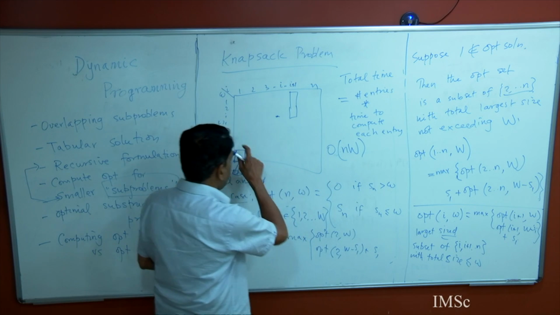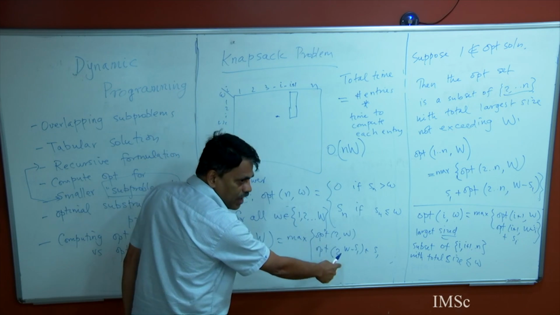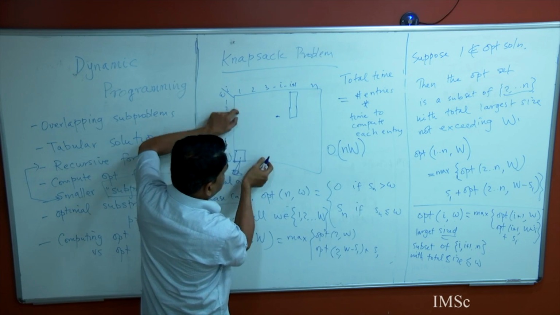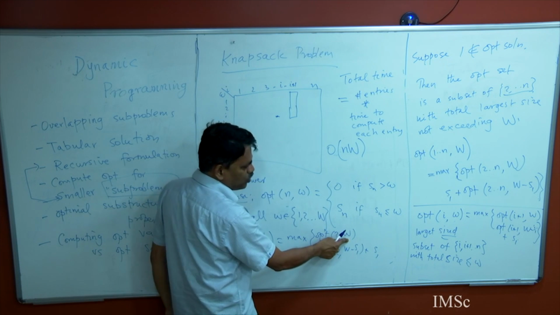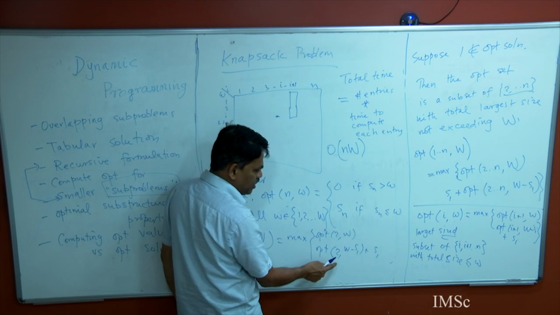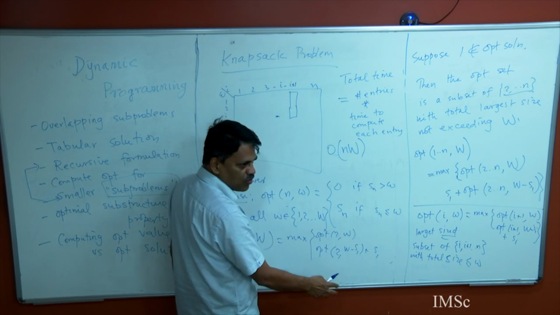Those values are sitting here because everything is sitting here, and I made this comparison to figure out which it is. If it is opt 2W, then I know that S1 is not in the optimum solution. If it is the other case, S1 is in the optimum solution.